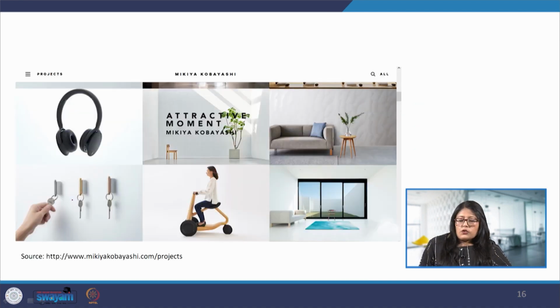So not just robots, but we can see how even websites can convey information very effectively. This particular website is by Mikiya Kobayashi, a Japanese designer, and we can see how minimalistic and clean the website is, which lets the user identify what they came here to find very easily.